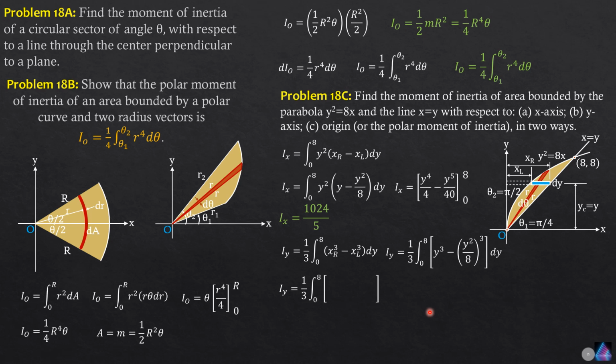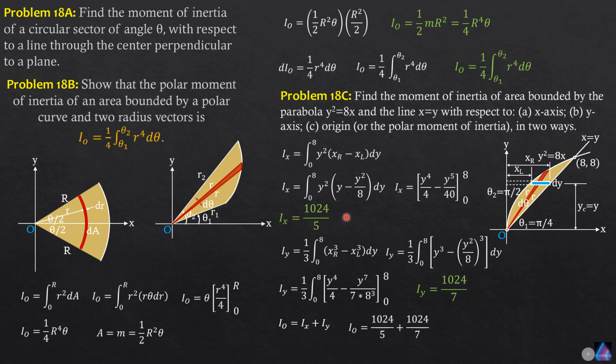And using your calculator, you can evaluate that. And it is equal to 1024 over 7. Finally, IO is IX plus IY, and IX plus IY is 1024 over 5 plus 1024 over 7.